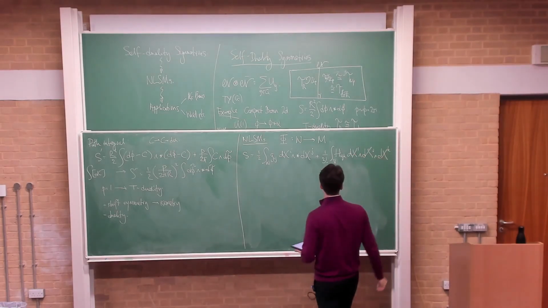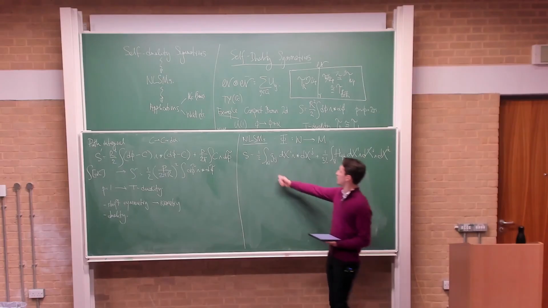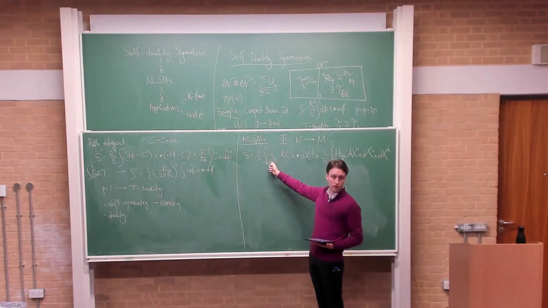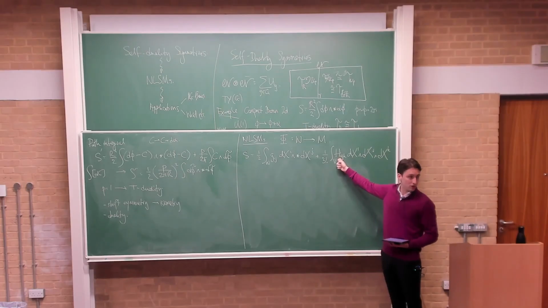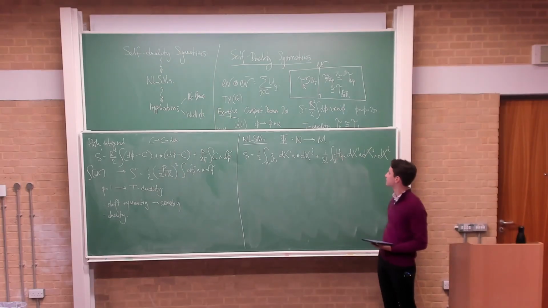Okay, so what are the ingredients that I have here? I have a Riemannian metric on the target space M. I have a closed 3-form H, okay, on the target space M.